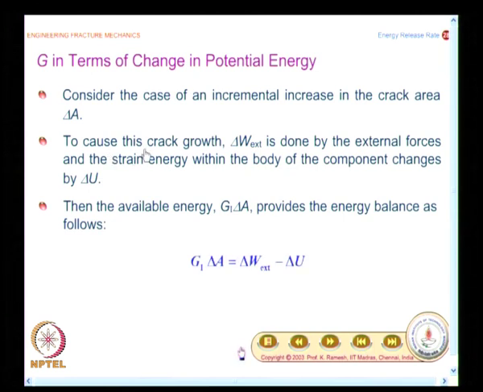In a generic situation, you will have change of work done given by delta W external as well as change of strain energy. In a particular situation, you may have only change of strain energy.